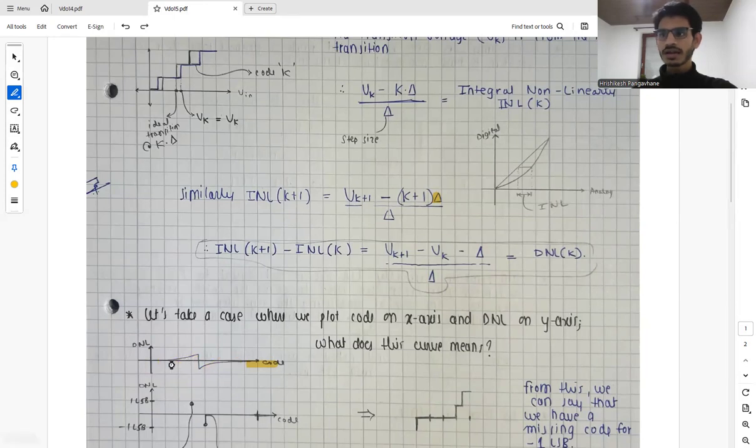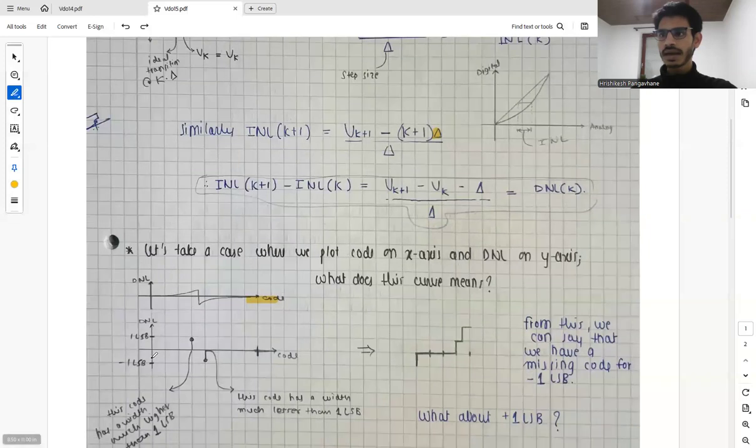This is not continuous. There are again samples, but all samples, let's say, are so close to each other that it looks like a curve. Just for simplicity, I have drawn a curve, but if we zoom it out, it will look like this, where it goes from minus 1 LSB to 1 LSB. It should lie between minus 1 LSB and 1 LSB, right?